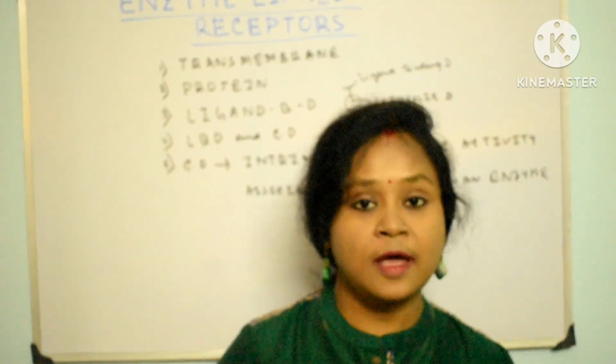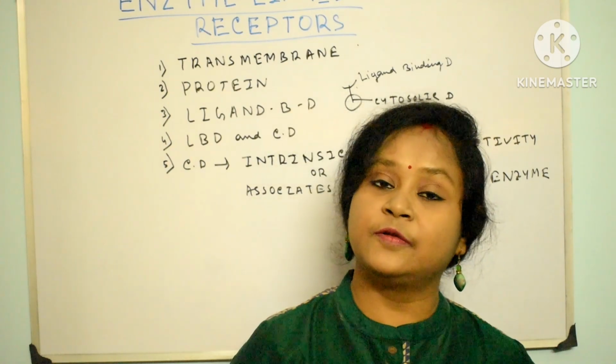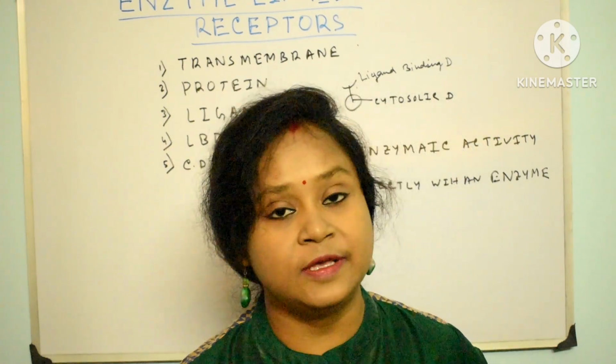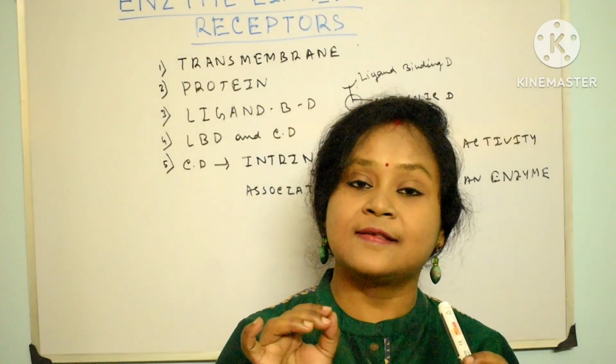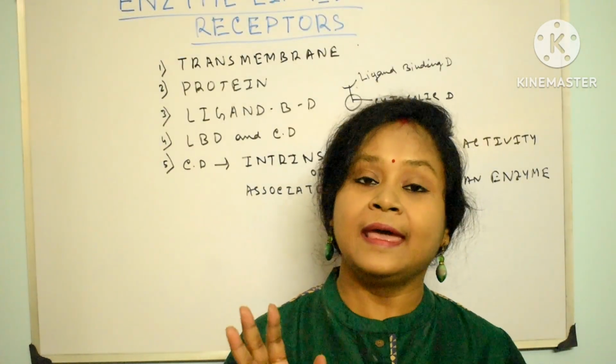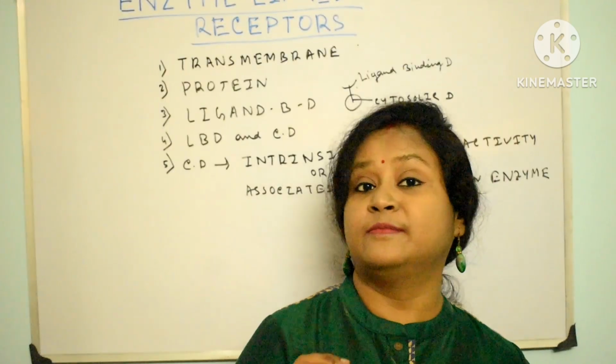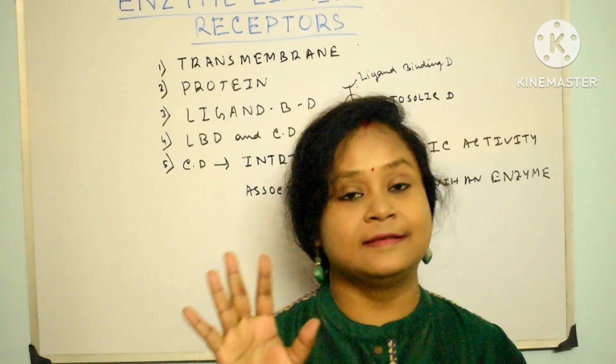Now let's have a look. The types are, first, receptor tyrosine kinase, RTK, which is in your syllabus. This is the most numerous type of enzyme linked receptor and very important. Point number 2, tyrosine kinase associated receptor.